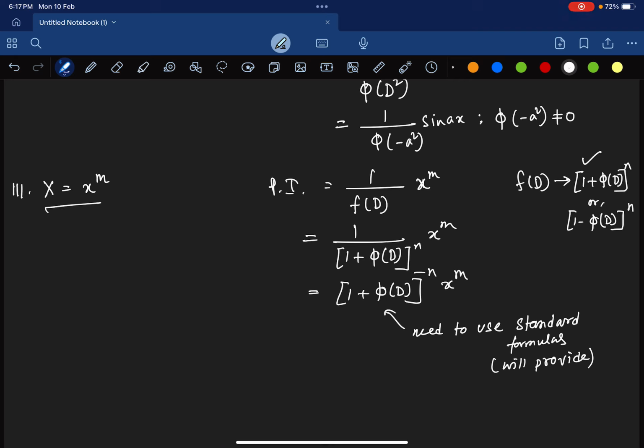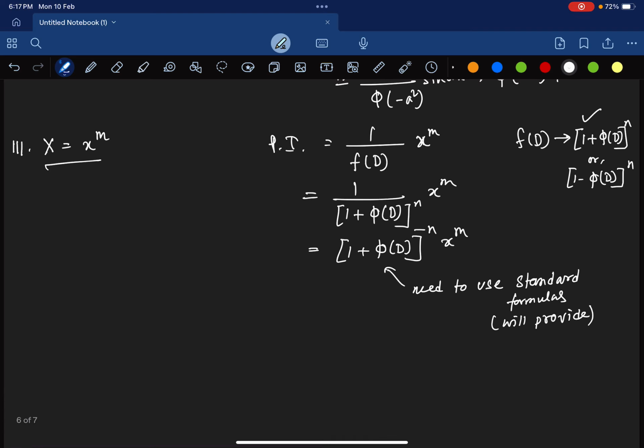Now another form is the combination: suppose x is equal to e power ax into v. This v can be any function of x. It can be a polynomial function, a trigonometric function, whatever.